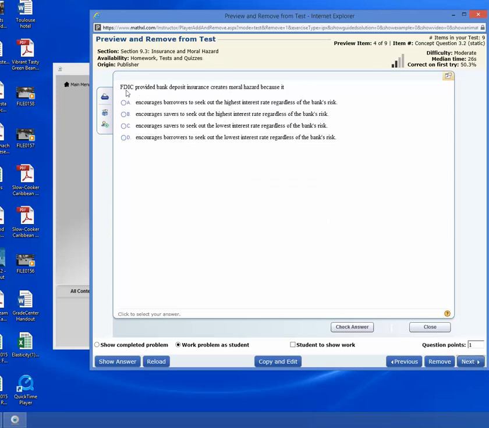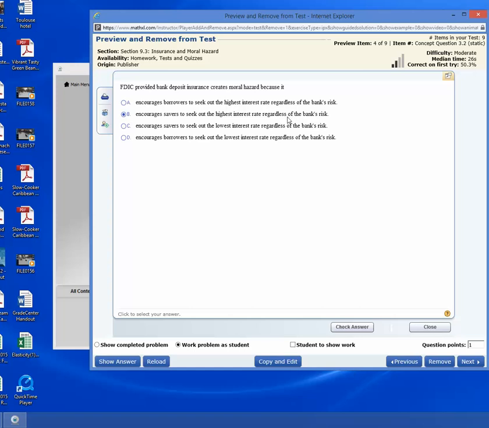The next one should be asking this question. The FDIC, the Federal Deposit Insurance Corporation, provides bank deposit insurance, which creates moral hazard because you know your money's protected, right? If you put money in a bank, if it's got FDIC on the outside of the bank, it's insured by the federal government, and all banks have to have this nowadays. So it encourages savers to go for the highest interest rate regardless of the bank's risk.